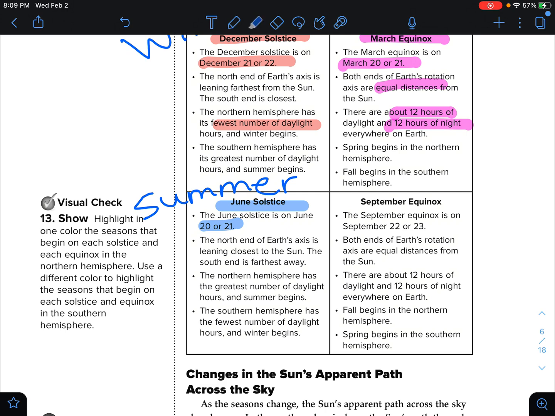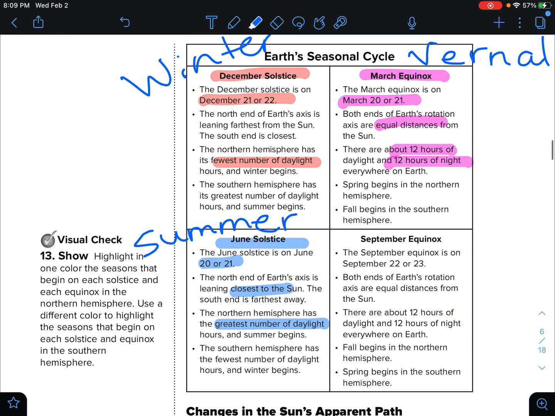All right, so the north end of the Earth's axis is leaning closest to the sun, and the south end is farthest away. The northern hemisphere has the greatest number of daylight hours, and summer begins. The southern hemisphere has the fewest number of daylight hours, and winter begins. Whatever is happening in the northern hemisphere is going to be completely opposite in the southern hemisphere.